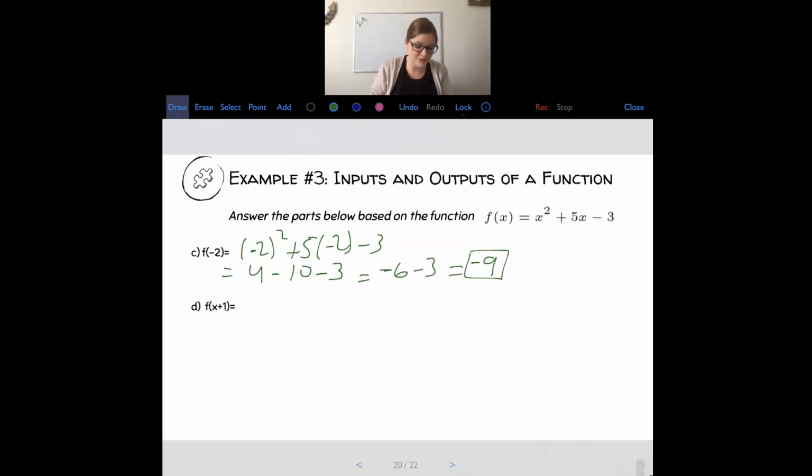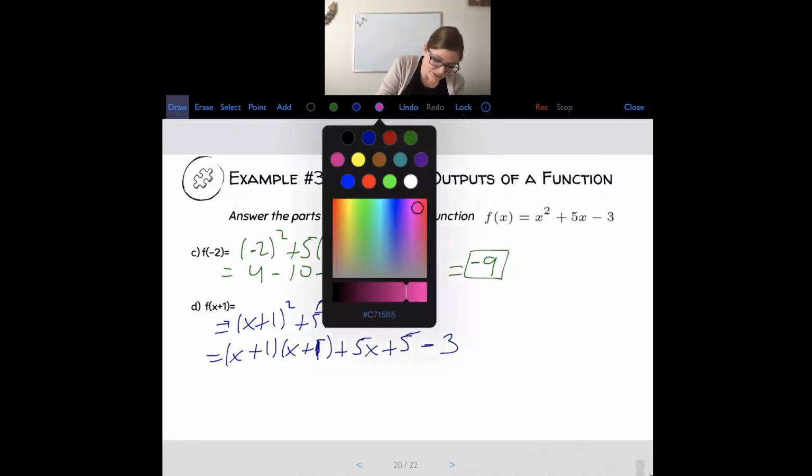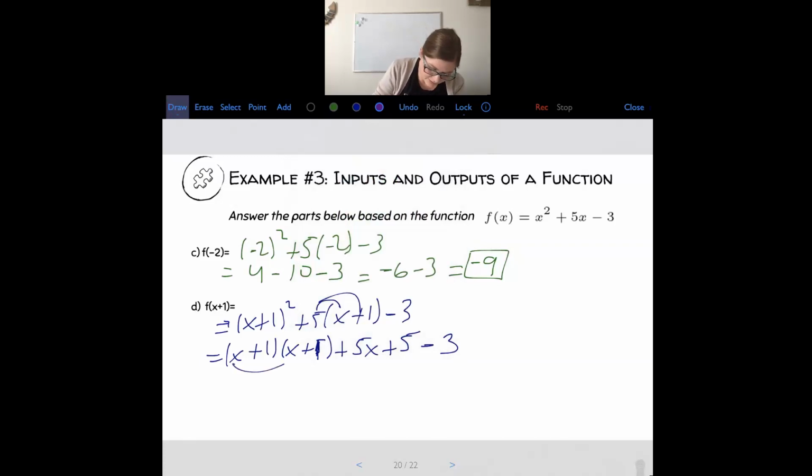And for part D, we're asked to input x plus 1. So we'll put in x plus 1 everywhere there's an x in our function, and then we'll simplify. So x plus 1 squared means x plus 1 times x plus 1. We distribute the 5, so 5 times x is 5x, 5 times 1 is 5, and we still have minus 3. To simplify x plus 1 times x plus 1, you can use FOIL. So x times x is x squared.